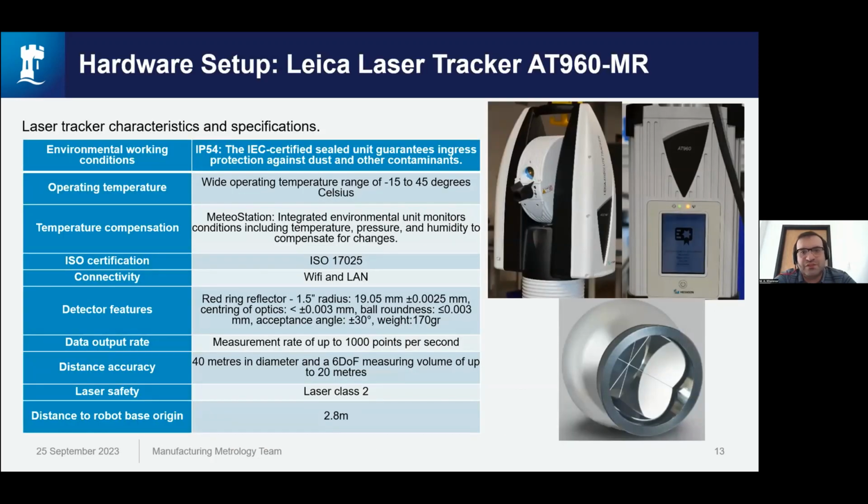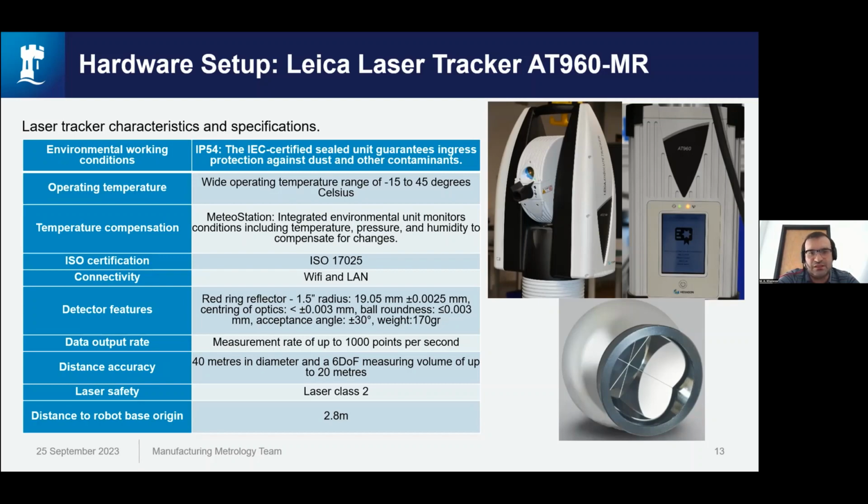So in order to perform this algorithm, as I mentioned earlier, we have used a laser tracker. The specifications associated with this laser tracker are given here. As you can see, it can perform position measurement. It complies with ISO certification, ISO 17025.